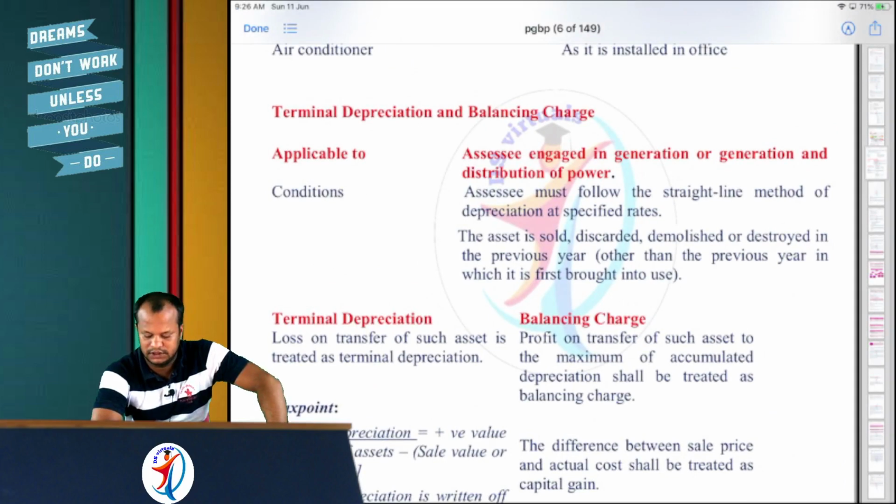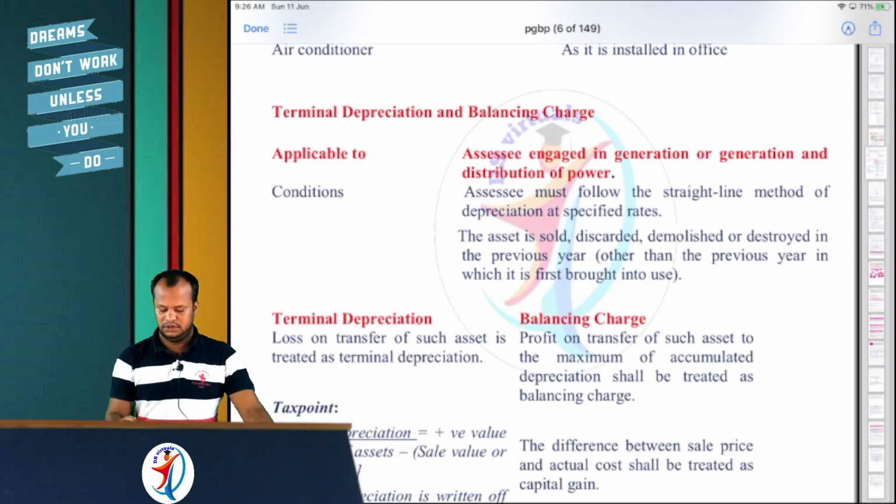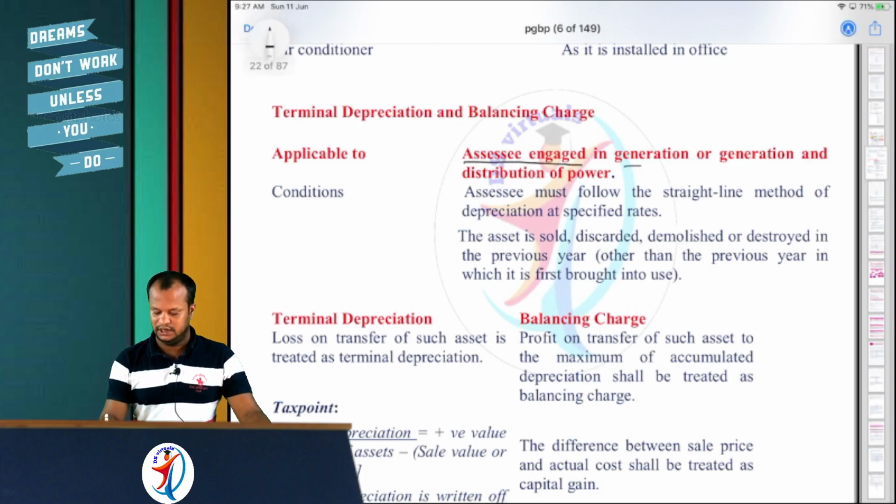The next concept is terminal depreciation and balancing charges. This provision is applicable only for power sector units. So this provision is applicable to assessees engaged in generation and distribution of power.